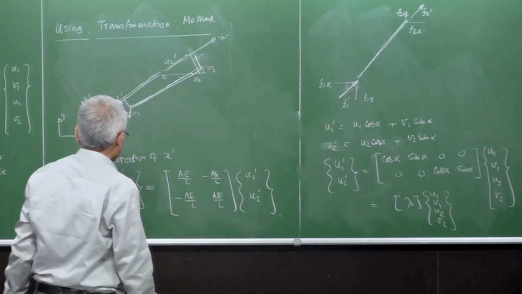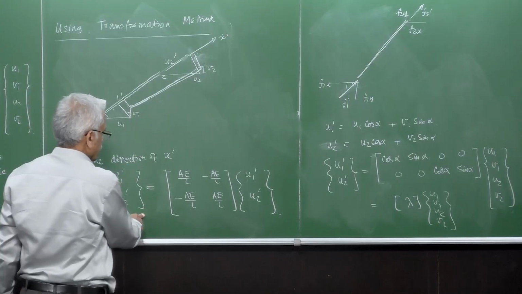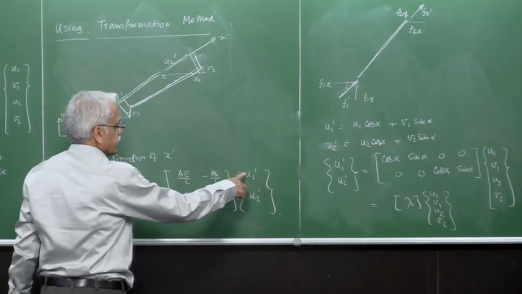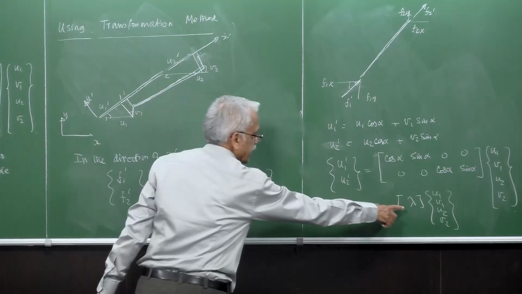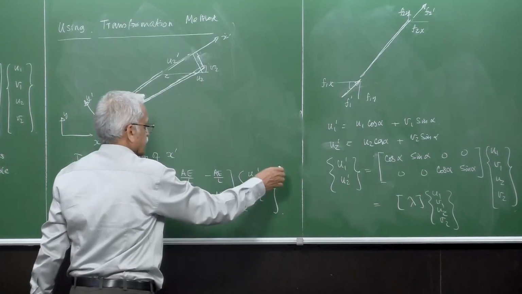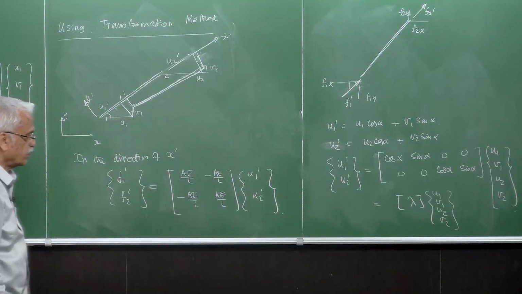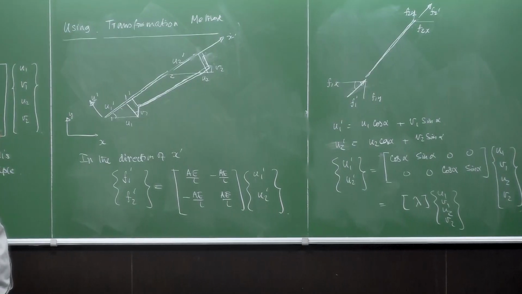So using this, if you want to use this one-dimensional equation, in the place of this you write lambda times this one, so that the displacements are in the original xy directions.